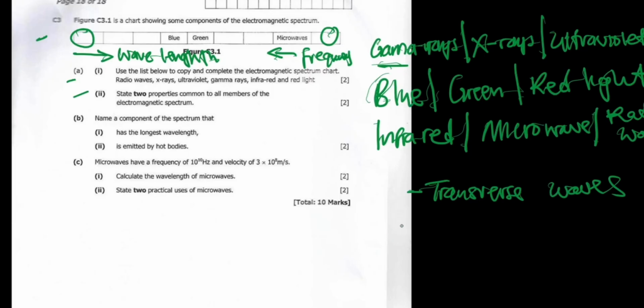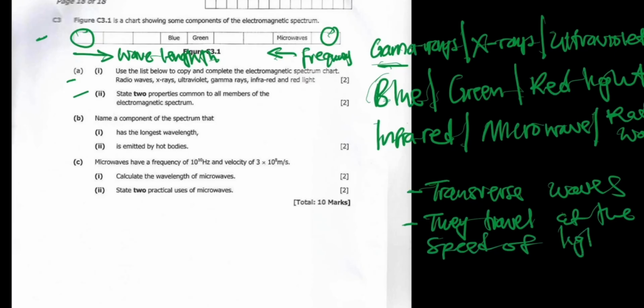Not only that, all these waves travel at the speed of light in a vacuum, which is essentially 3 times 10 to the power 8 meters per second.